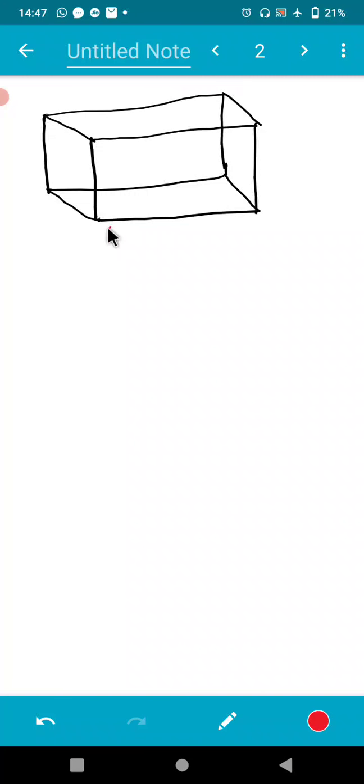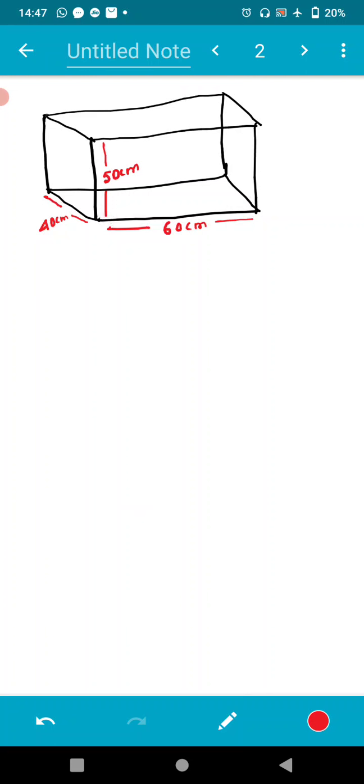length is given 60 centimeter, width is given 40 centimeter and height is given 50 centimeter. Okay.